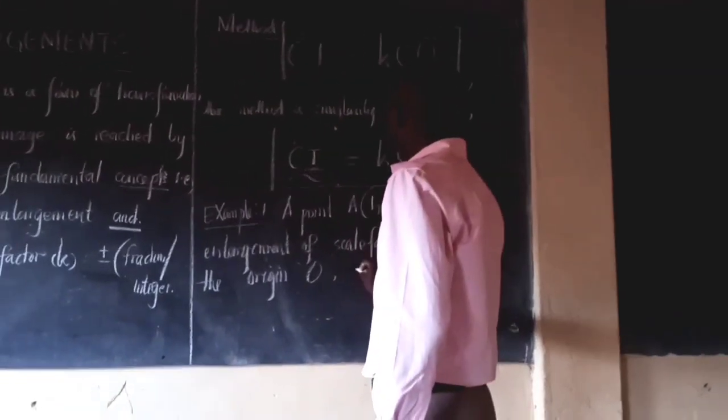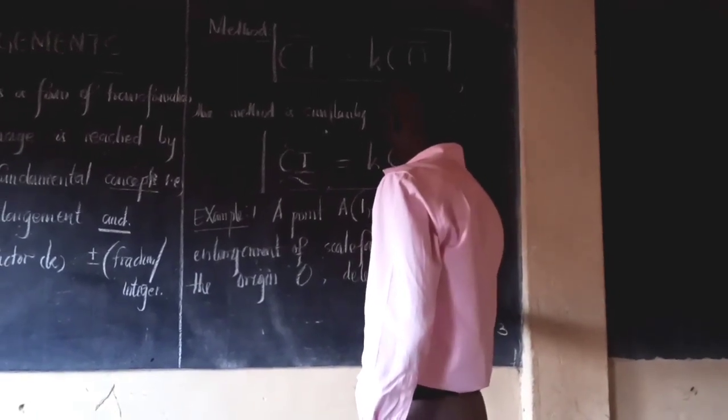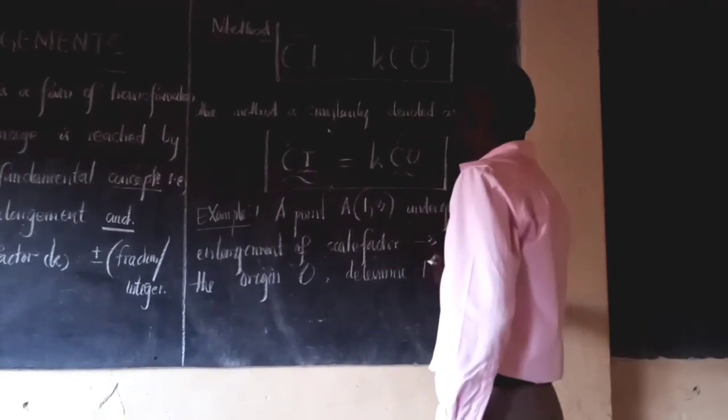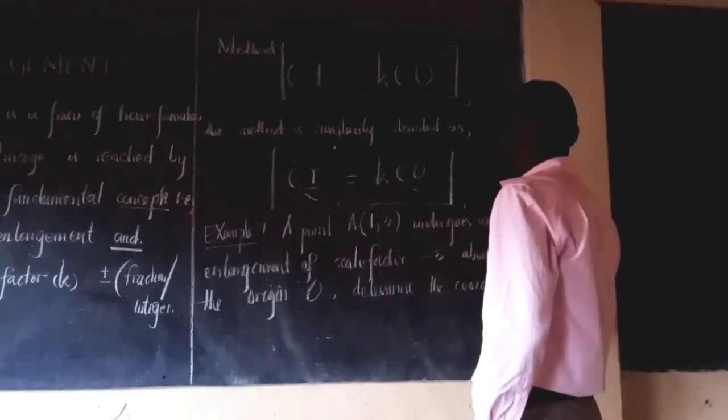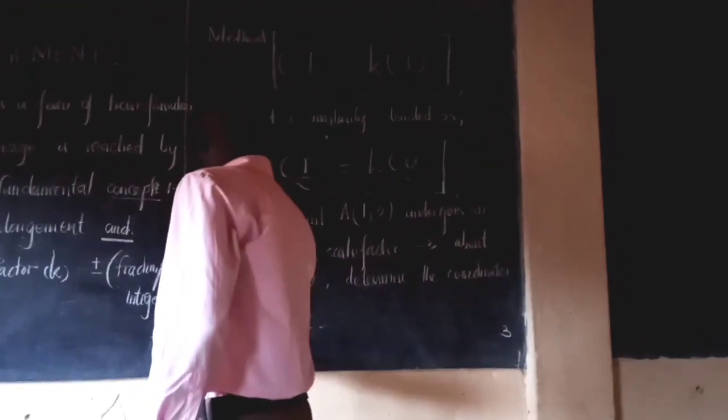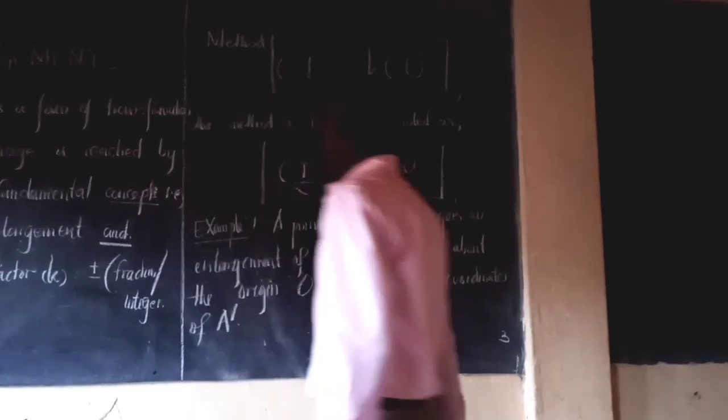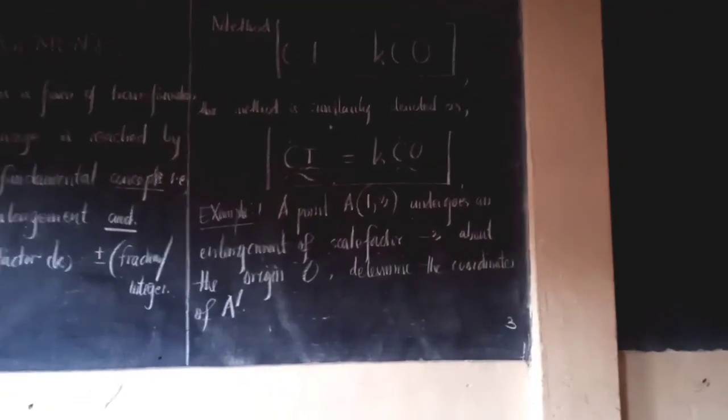Determine the coordinates of A prime, being the image of A.